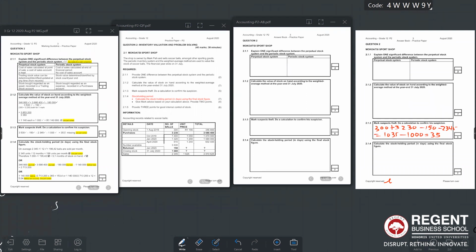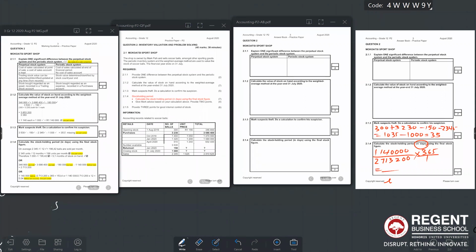Now, what was your formula? Take the closing stock, because they said use final stock. My final stock figure was 1,140,000. So 1,140,000 divided by your cost of sales, which was 2,713,200, times, they want the answer in days, times 365 over 1.